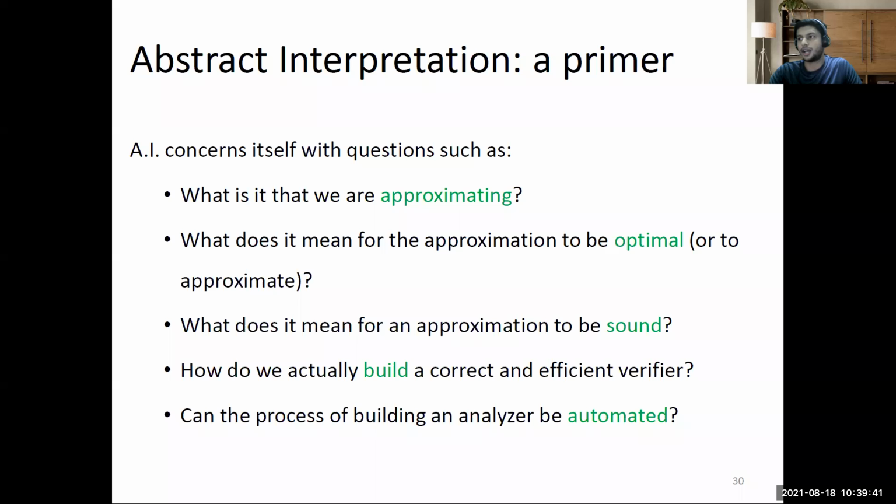Professor, do you have time? Yeah, sure. Tell me. Till now we have covered all the symbolic regions, but I also wanted to discuss more about the terms that we have always been speaking about, like optimality, soundness, and automation in terms of mathematics, because till now we just had the intuition for it.